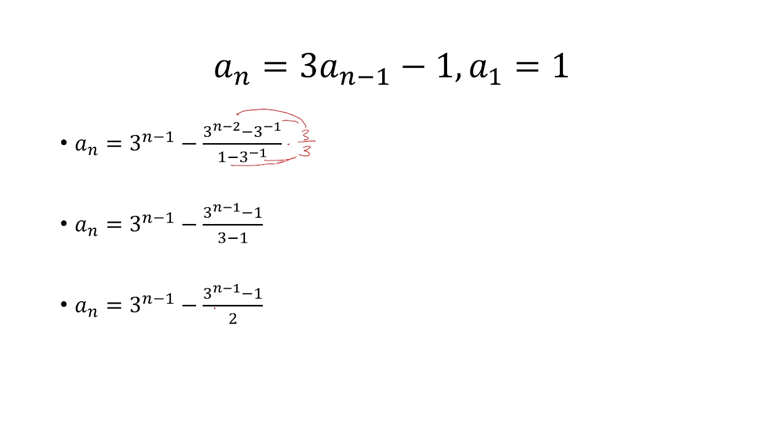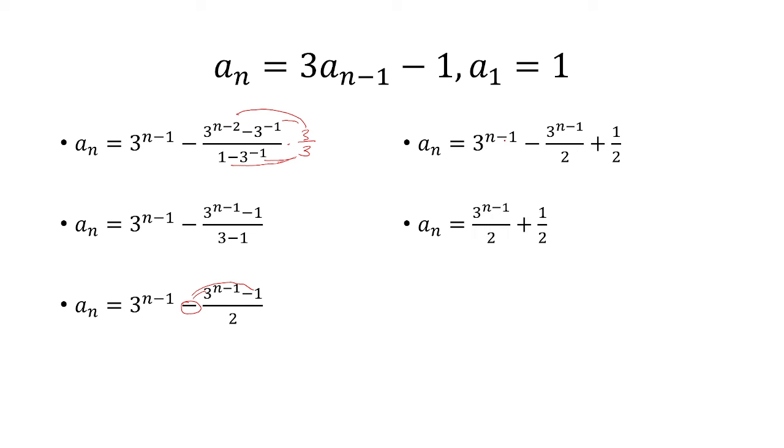And then I can split this fraction up into 2 different fractions. Recall that this negative is being applied to the 3 to the n minus 1 and the negative 1. That's why this becomes positive 1/2. And so when I simplify, I get 3 to the n minus 1 over 2 plus 1/2, which I can bring all together and get this as my final answer.